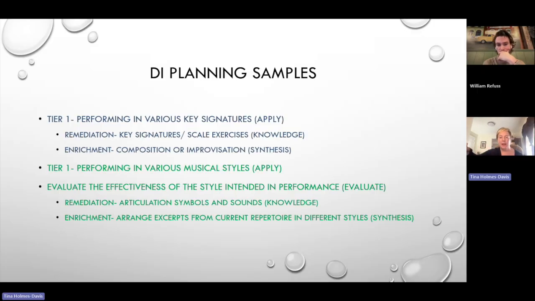So that's really knowledge. The scale exercises might be closer to apply, but we're really back to knowledge. We're getting that foundational knowledge we need so that they can bump up. Remember, the goal of the remediation group is to get to the group 1, the everybody lesson.